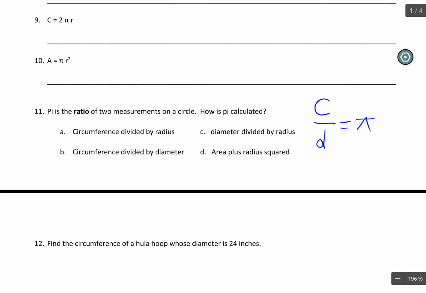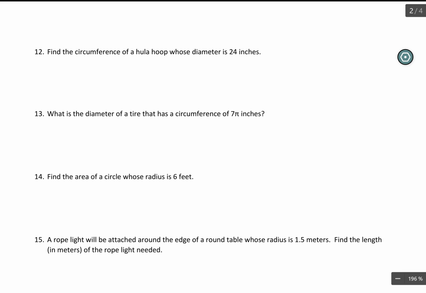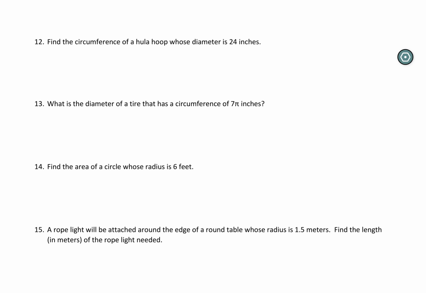All right, so question number 12 says find the circumference of a hula hoop whose diameter is 24 inches. So I'm looking for a formula that deals with circumference and diameter. And so when I look at my MVP, my most valuable paper, my star formula chart, I see that circumference equals pi times diameter. And so I write down my formula.